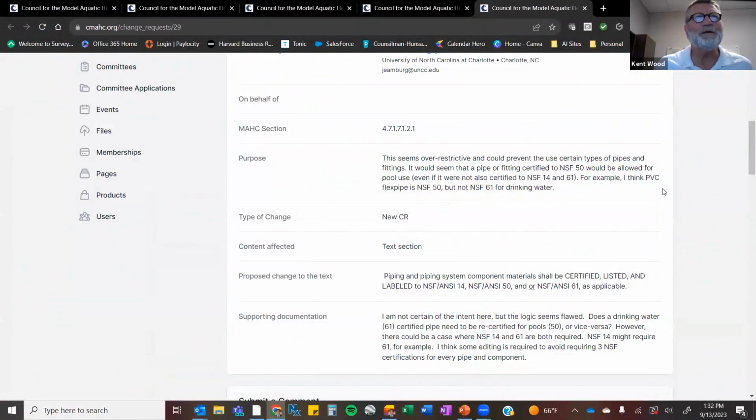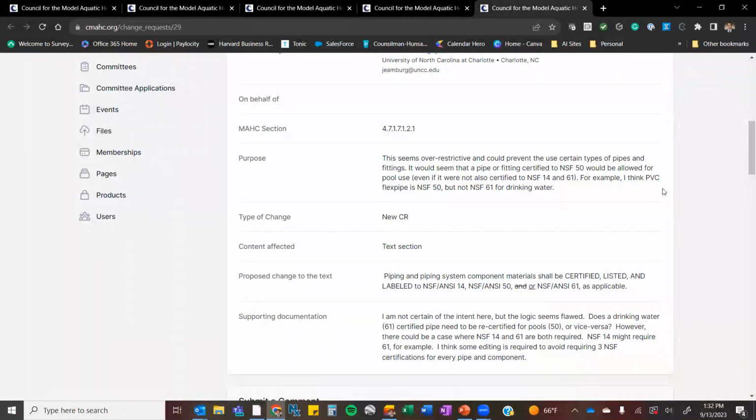As I read the language, I didn't read it as you had to meet all three. I read it as you had to meet one of the three. But changing an "and" to an "or" makes that even more clear.